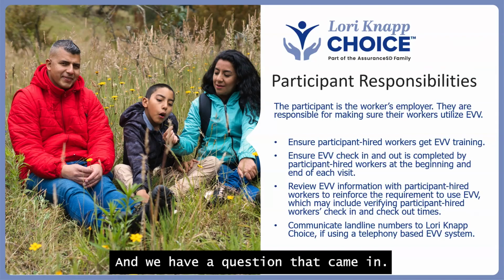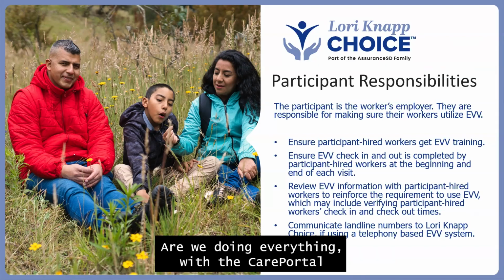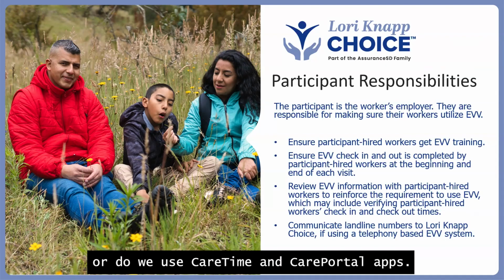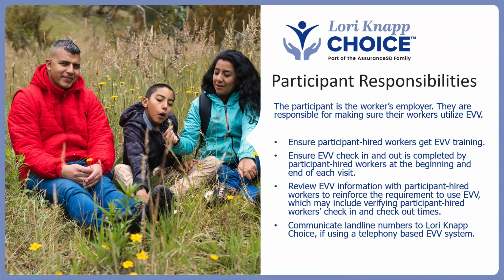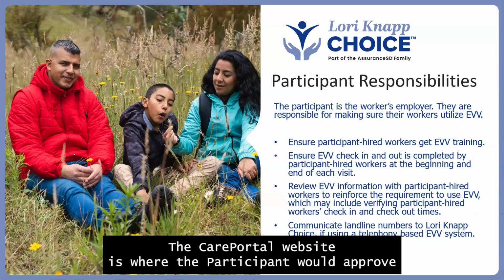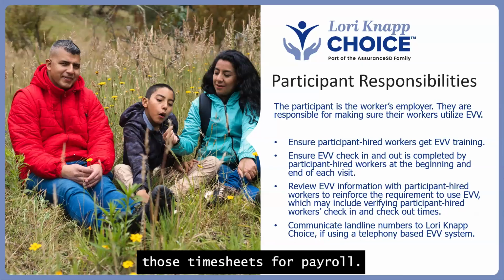And we have a question that came in. Are we doing everything with the Care Portal, or do we use Care Time and Care Portal apps? So the worker would need to use the Care Time app to clock in and out to be compliant. The Care Portal website is where the participant would approve those timesheets for payroll.